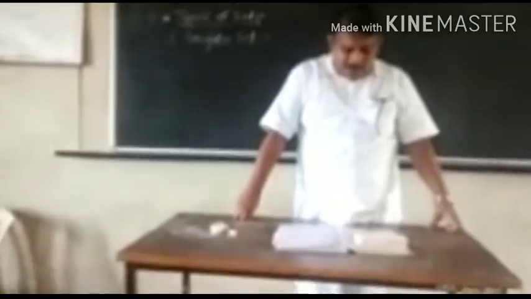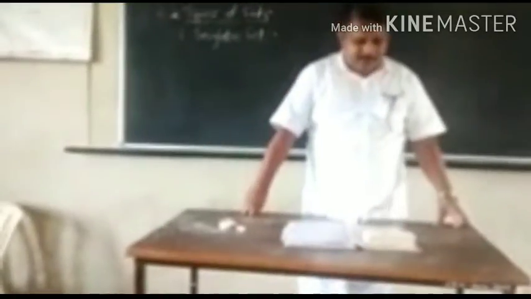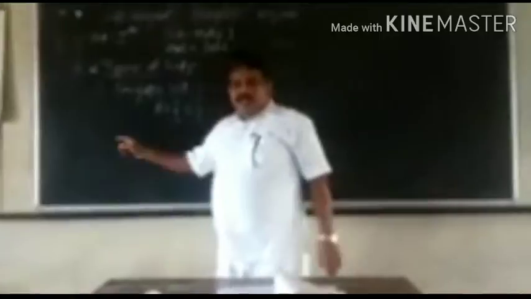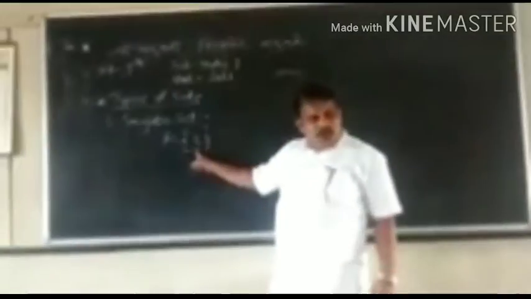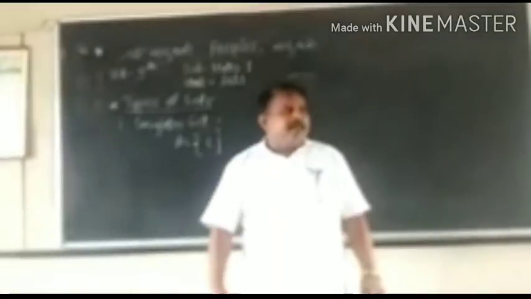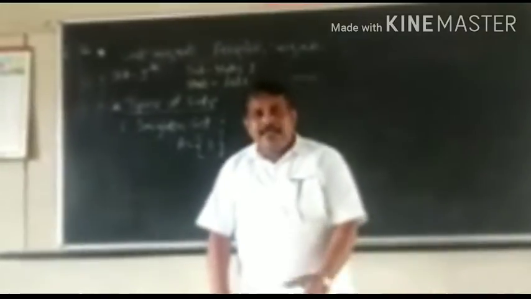So what is an example of the singleton set? A is a set which consists of even prime numbers. A is the set, A equal to {2}. A consists of only 2, that is a single element. That means this is the singleton set.